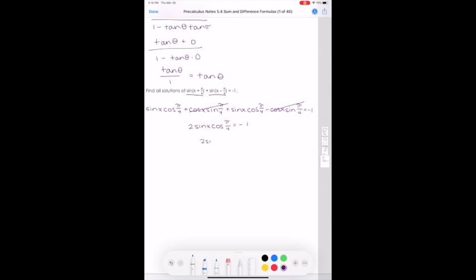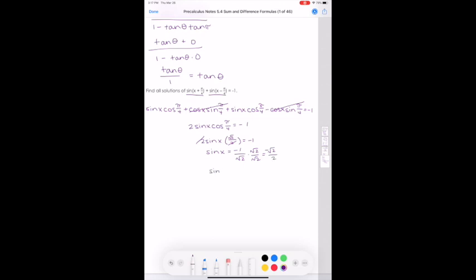So cosine of pi over 4 is root 2 over 2. Alright, and now I have 2 times root 2 over 2 is just root 2. And then it still equals negative 1 on the other side. So you divide by root 2 on the other side, and then I rationalize this.